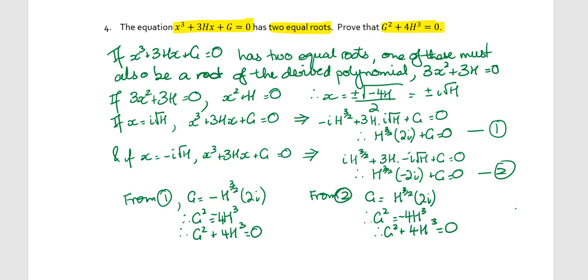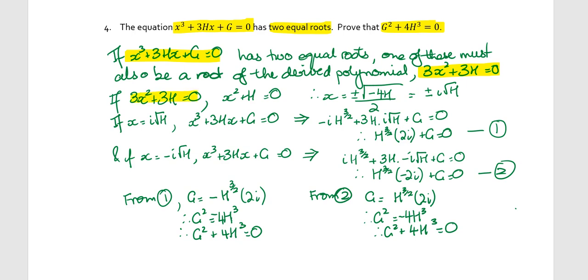So we just apply what we know. So if that polynomial has two equal roots, one of those equal roots must also be a root of the derived polynomial. So we find the derived polynomial, and that's that thing there. 3x squared plus 3h equals 0.